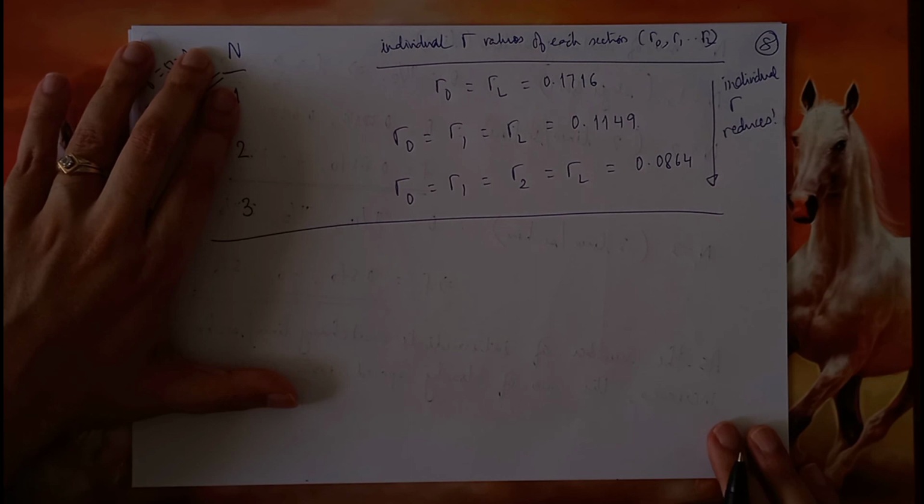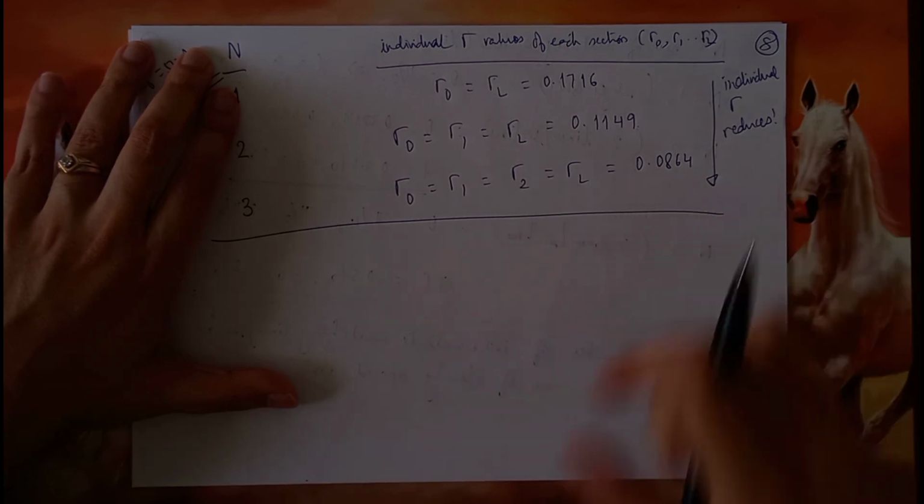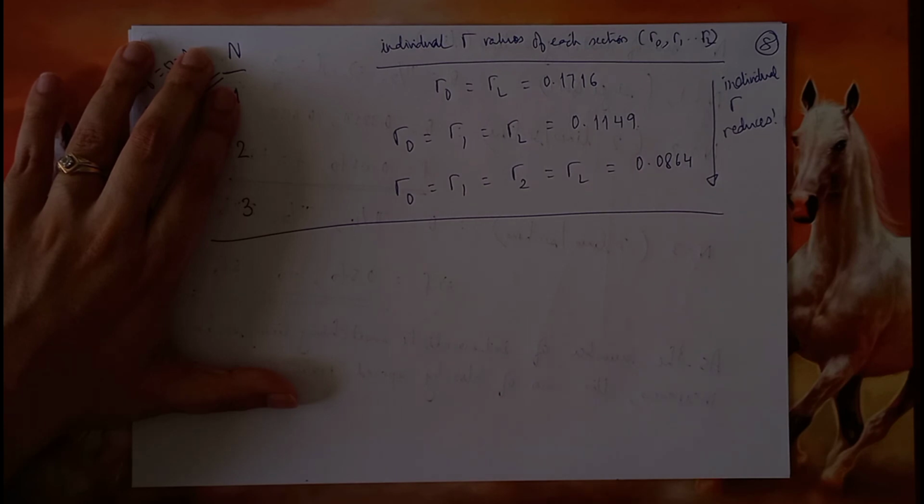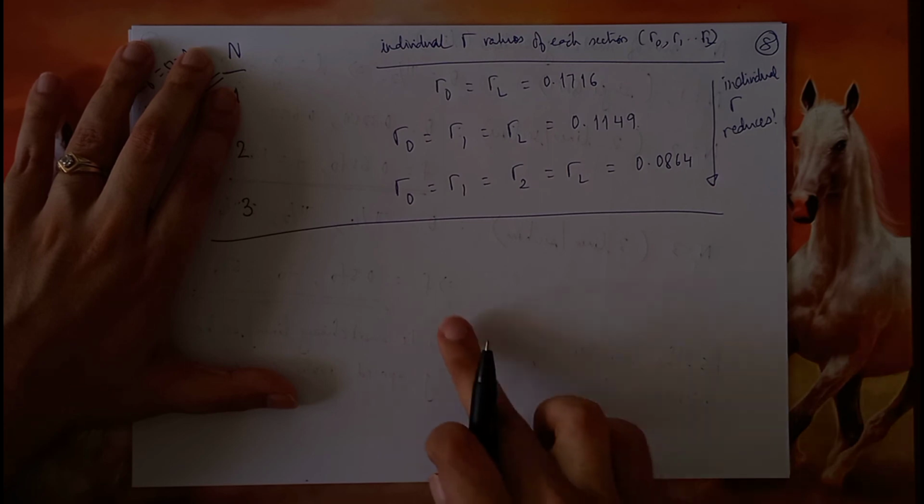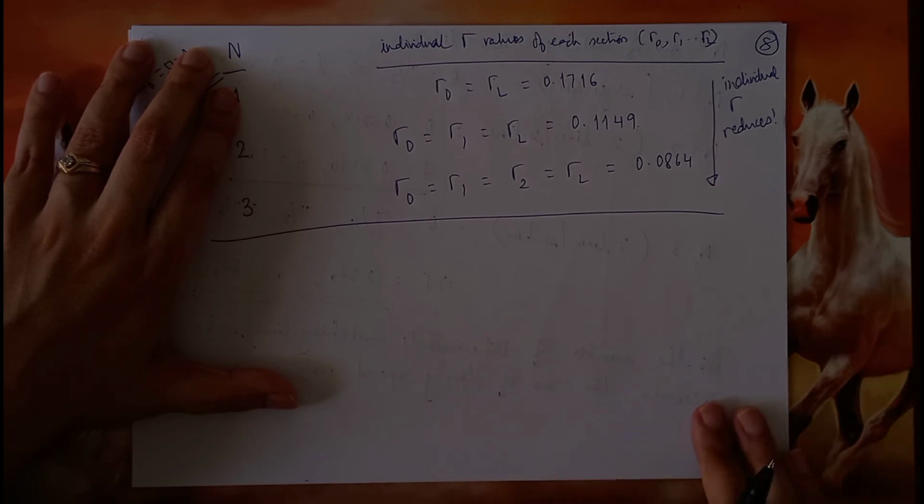This means that as the individual gamma is reducing, the discontinuity between individual line sections becomes lesser and lesser. That means the reflection coefficients are becoming smaller and smaller. What this means is the matching effectively is improving.